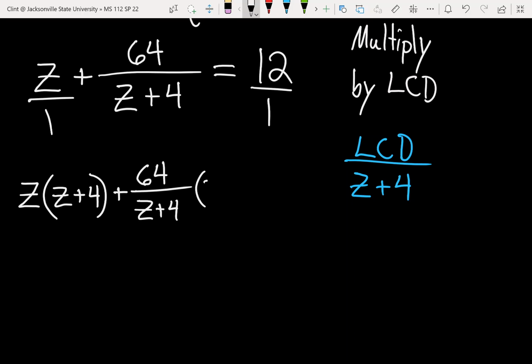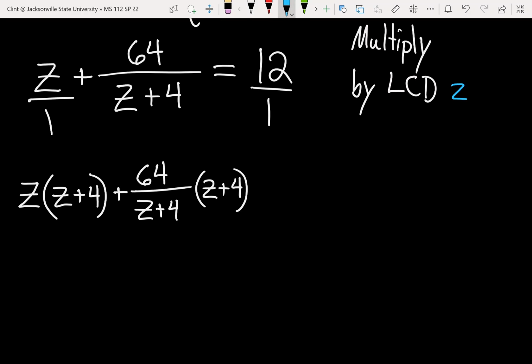I'm going to multiply that by z plus 4. Get our LCD out of the way here. And then on the other side of the equal sign, I had 12. I'm going to multiply that by z plus 4.